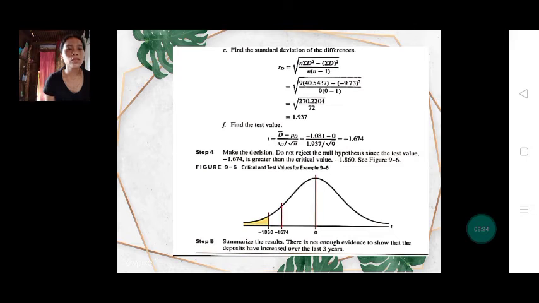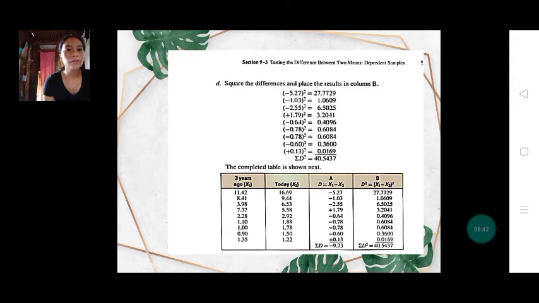So atong ipang substitute tong nakuha nato ganiha nga mga gipang solve nato nga mga numbers, which is ang atong n is 9, then ang summation of d squared. So ang atong nakuha ganiya sa column B nga nagresult siya og 40.5437.